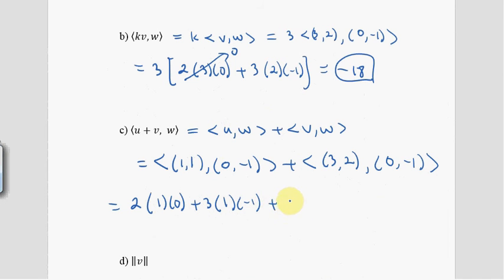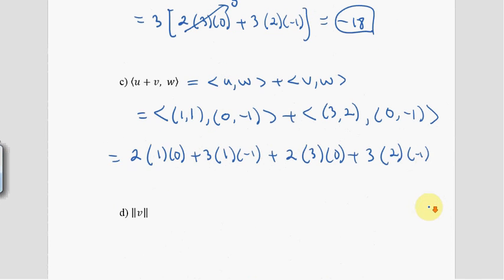And then here, this is again 2 times the first component, plus 3 times the second components. So this is 0 here. This is -3. That's 0. And this is -6. So we get -9.